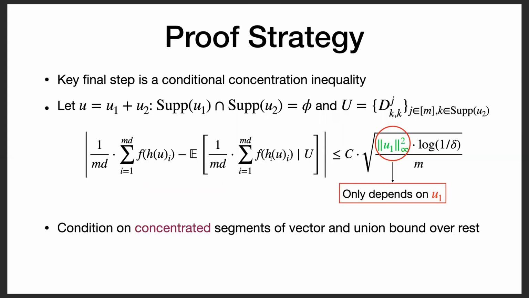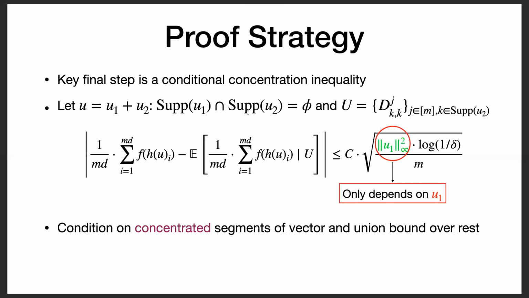So the final step in our proof is to establish a conditional concentration inequality. Formally, suppose you have a vector u that's decomposed as a sum of two vectors, u1 and u2, with disjoint supports.